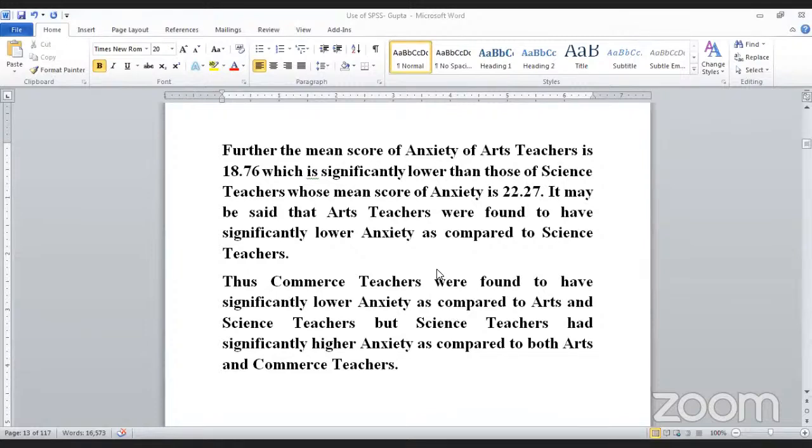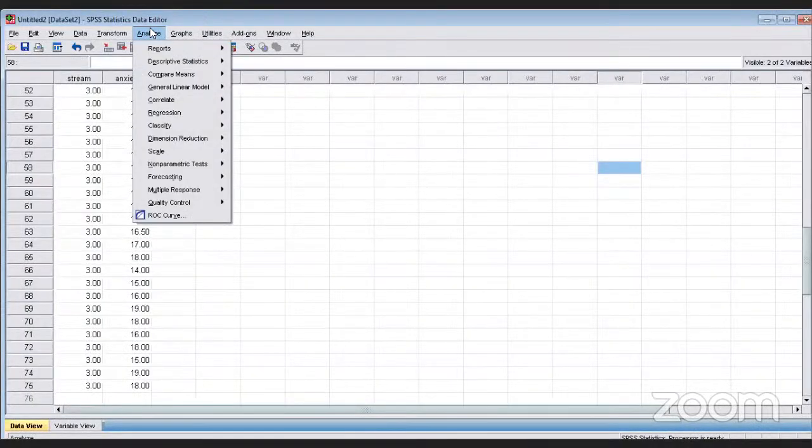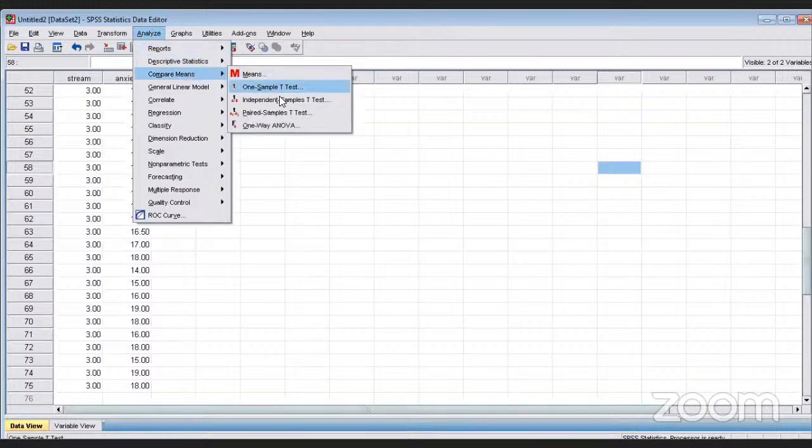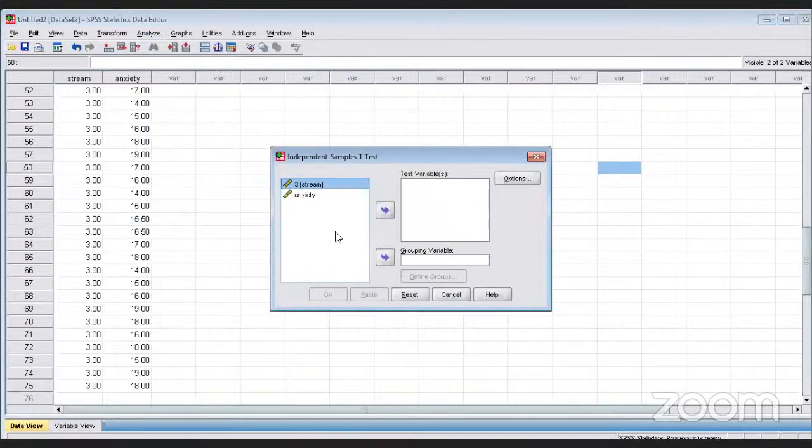Okay, so let me go to my SPSS. So this is my SPSS. If I go to my t-test, Analyze, Compare Means, Independent Samples. In the test variable, I have anxiety.